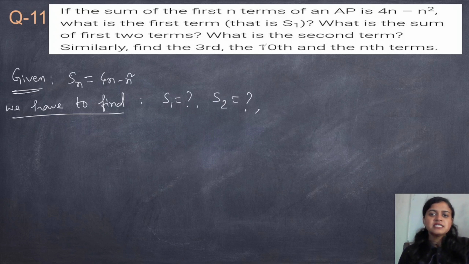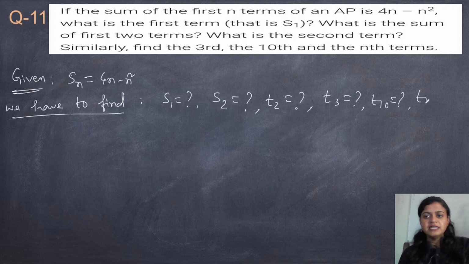Next, the second term means T2, and similarly find the third and 10th terms, that is T3, T10, and Tn. These are what we have to find. S1, Sn we can find out, S2, S3 and so on. So S1 equals 4 into 1 minus 1 square.